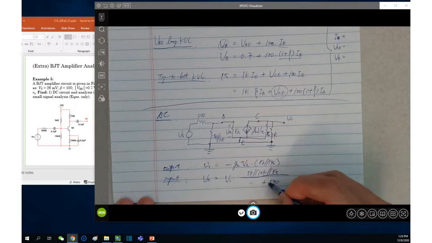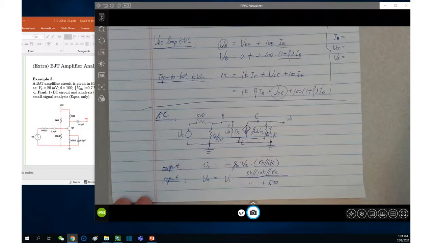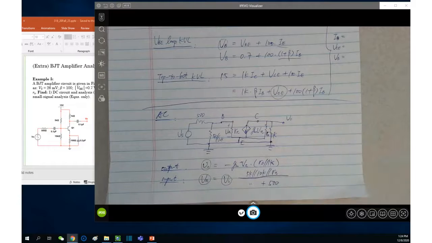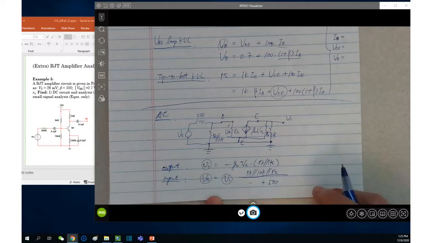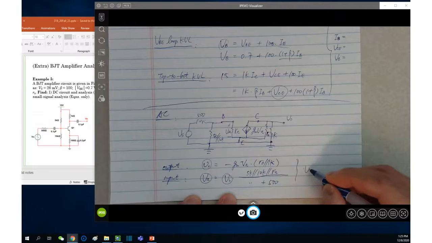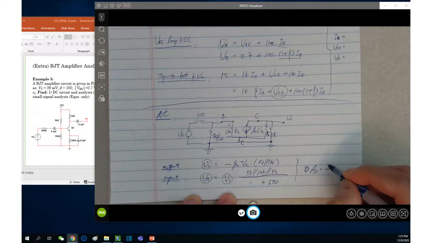Does it make sense? This is the input end. So if you count, we have V0, V pi, and Vs. Three unknowns, but two equations. Enough to find the gain V0 over Vs.